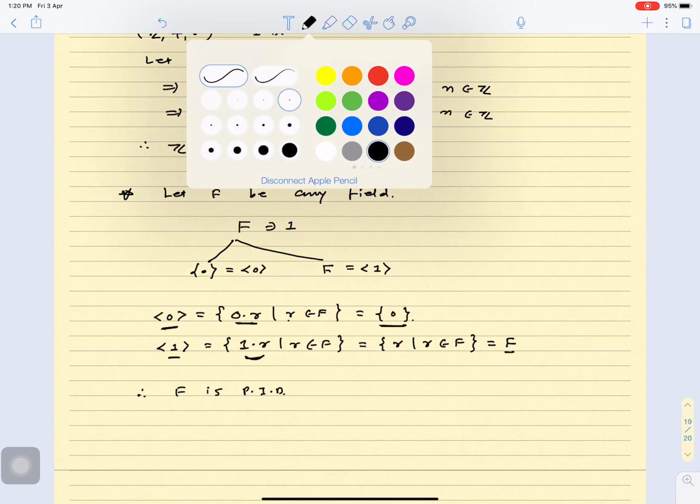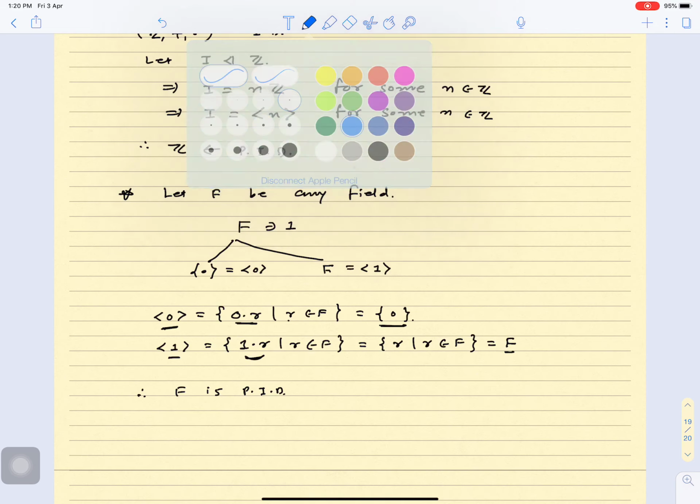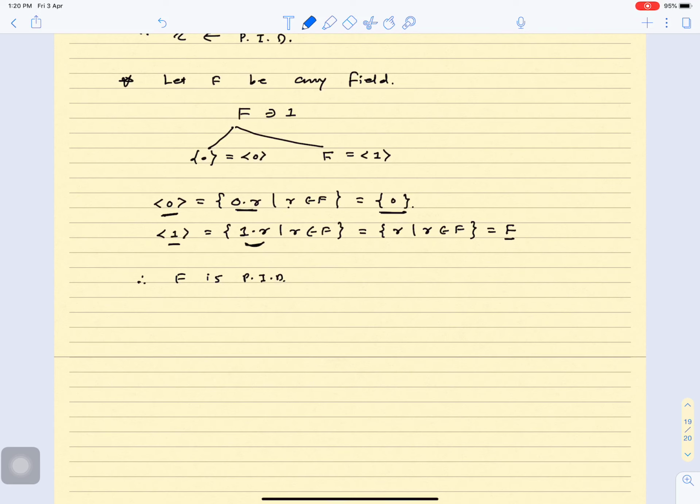So we have this result, let us put this in result form. Every field is a principal integral domain.